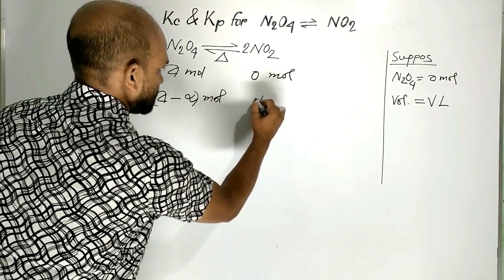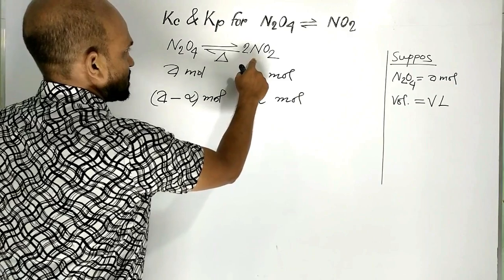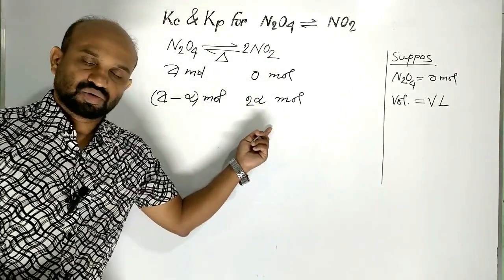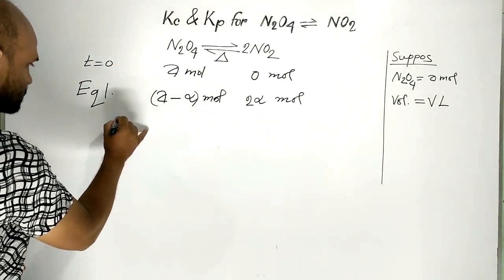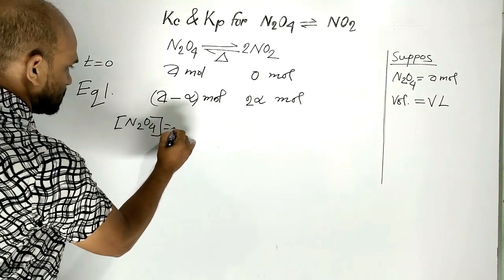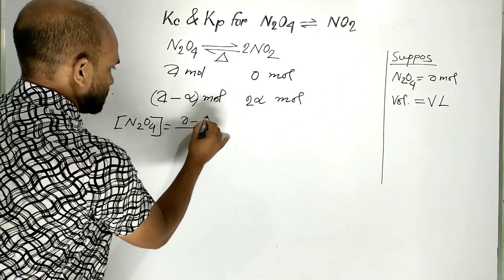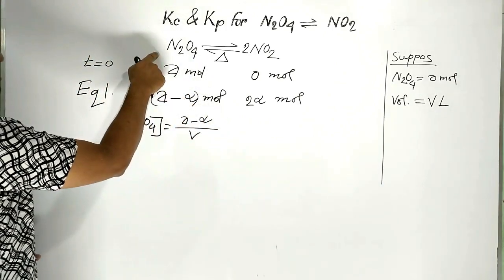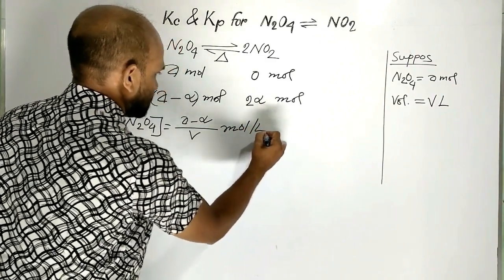and here, for alpha mole, 2 moles of nitrogen dioxide are formed. That is why this is 2 alpha moles. Now let us see the concentration of dinitrogen tetroxide. Number of moles of dinitrogen tetroxide, A minus alpha, divided by the volume of the reaction flask, mole per liter.